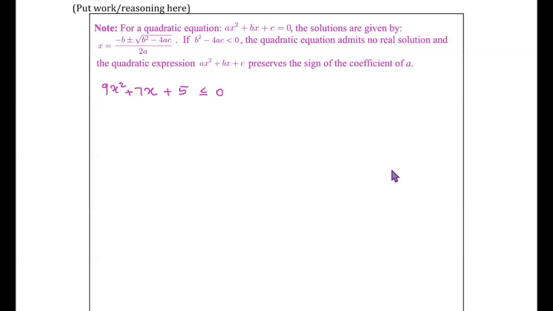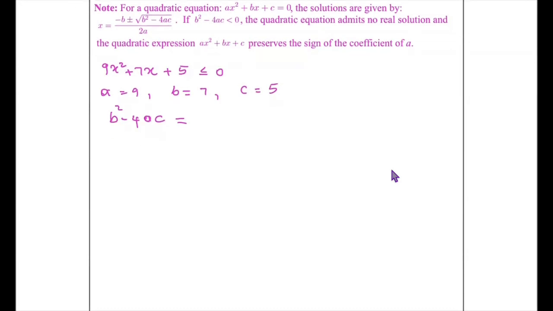Now, what we're going to do first here is find the number we're going to evaluate, b squared minus 4ac. We're going to try to see what it equals. We know that a equals 9, b equals 7, and c equals 5.